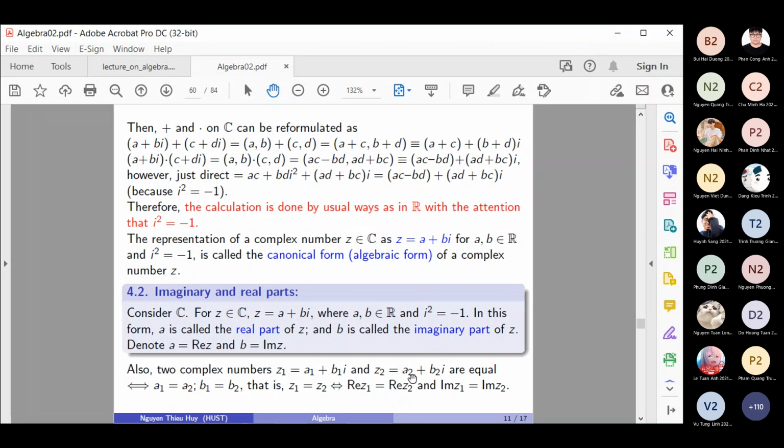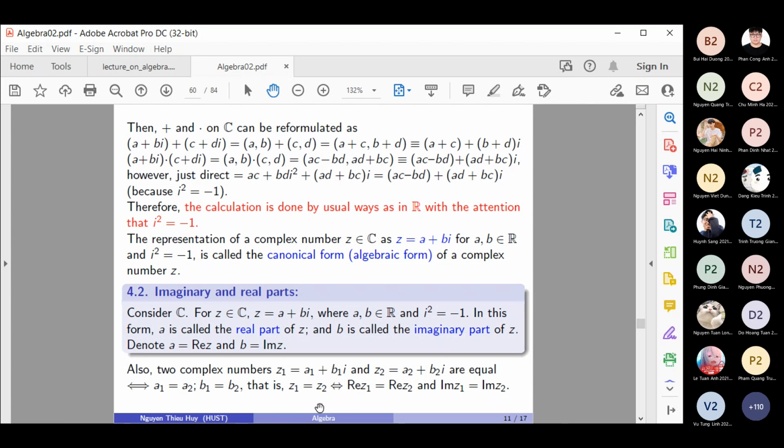So a1 equal a2, b1 equal b2. It's clear because it's the same as equality in the Cartesian product. So you can look at a1 plus b1 i as the couple (a1, b1), and then z2 here as the couple (a2, b2). They are the same if the corresponding components are the same. So a1 equal a2, and b1 equal b2.